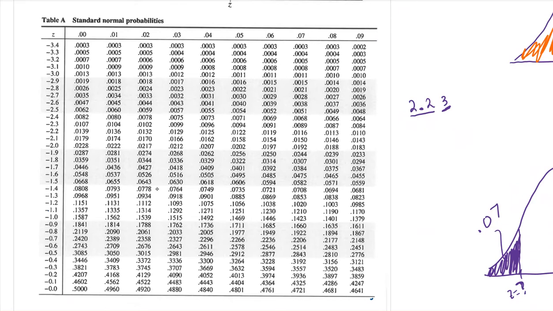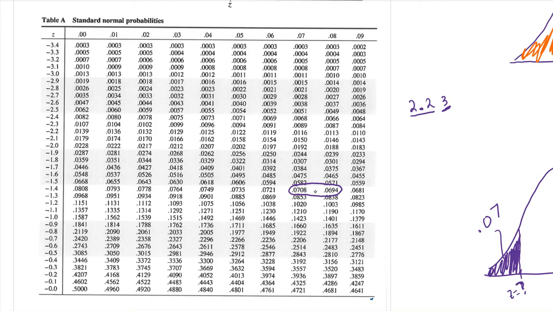And I can see I'm in the 0.6s right around here, 0.8s, 0.7. And since I want 0.07, I'm going to see the value is going to be between here.